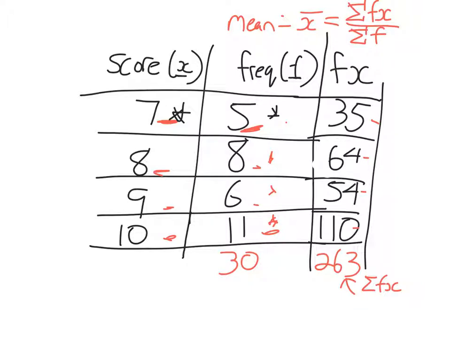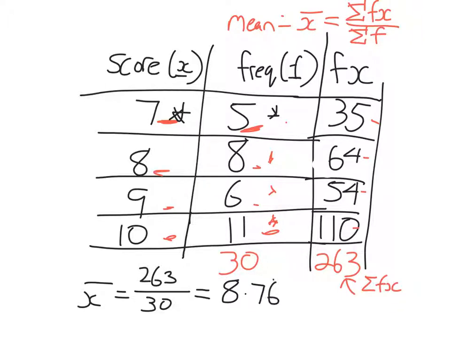So there were 30 scores in total, and the sum of all the scores added up to 263. So the mean is just going to be 263 divided by 30. And that is 8.76 recurring. So that's how you figure out the mean from a frequency table.